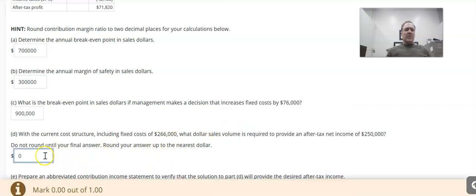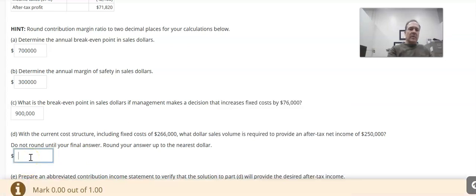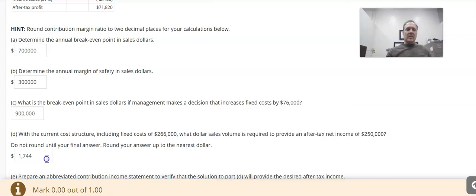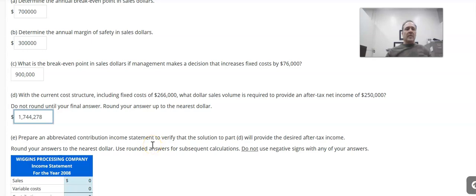So let's see here. What was that figure again? I've already forgotten it. 1,744,277. And then they said to go up. Okay, so we can do that. And let's see here now.